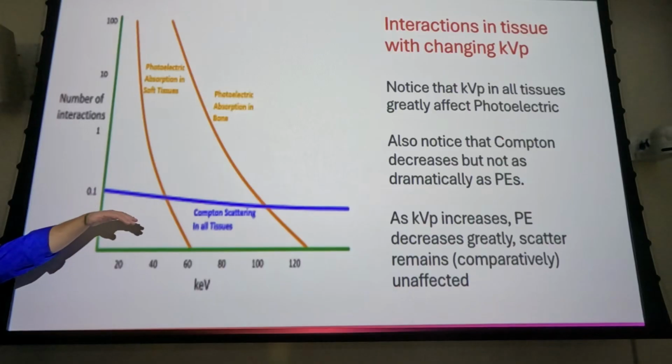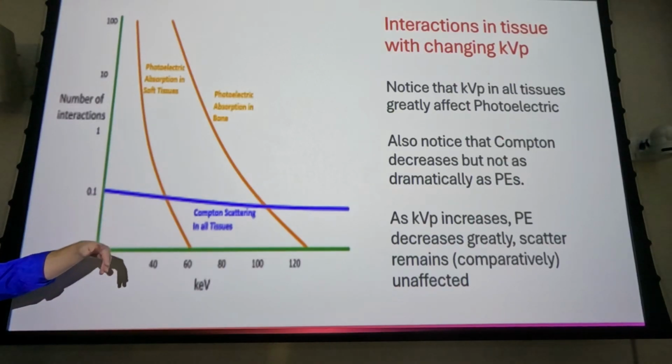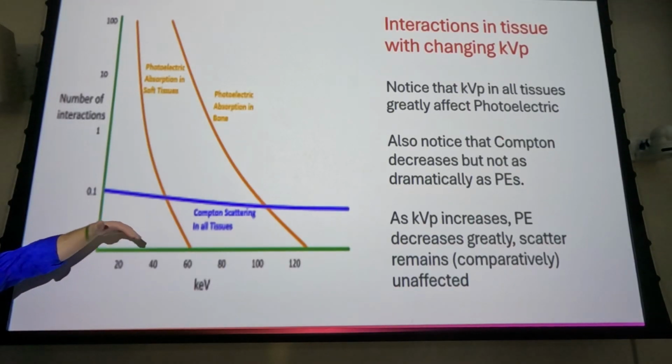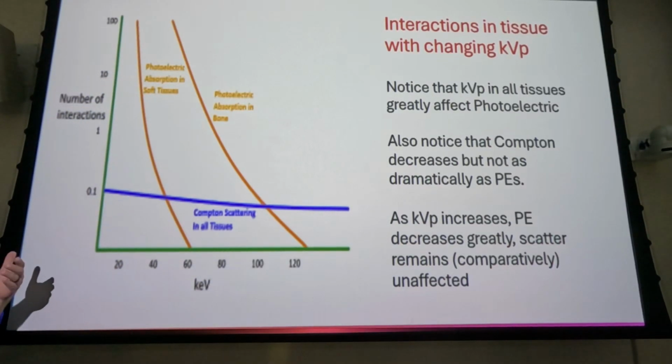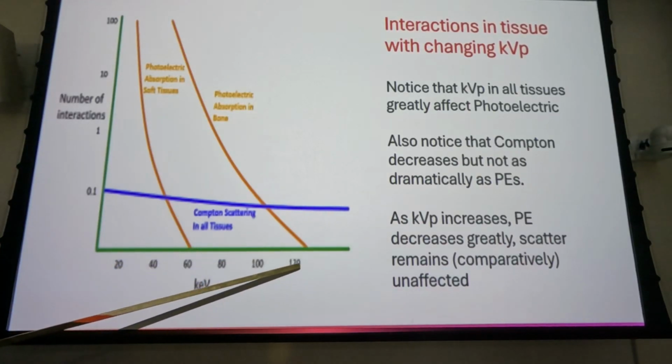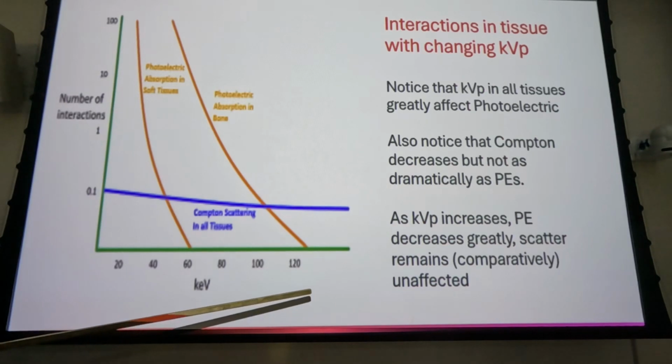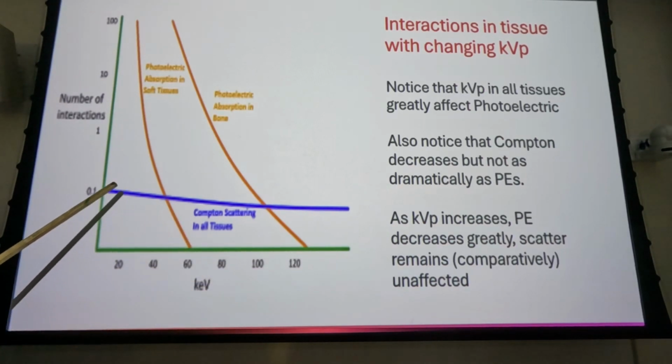What happened with Compton? Slowly decreased, but not a whole lot. So percentage-wise, our photoelectric is very, very high at low kVp, really low at high kVp, right? And then our Compton remains relatively the same all the way across the board. It changes a little bit, but not significantly.